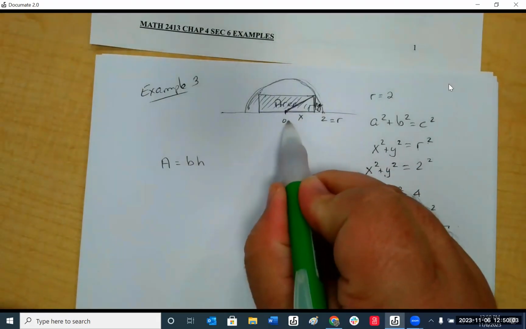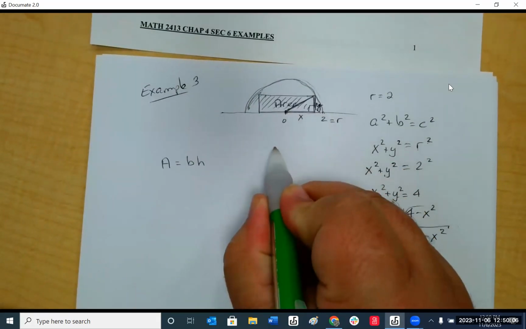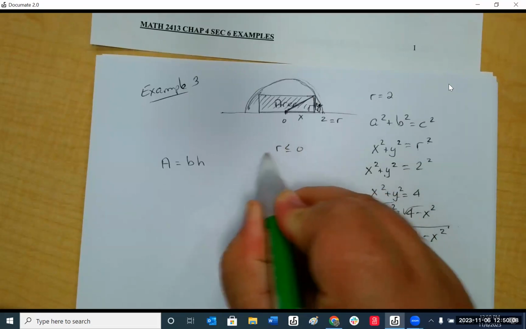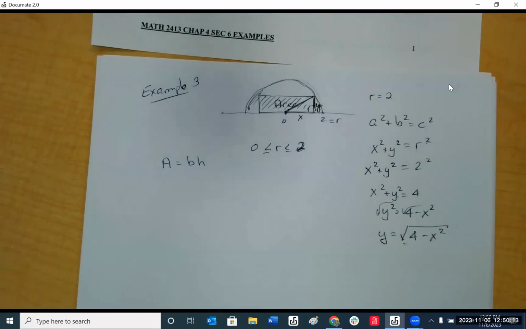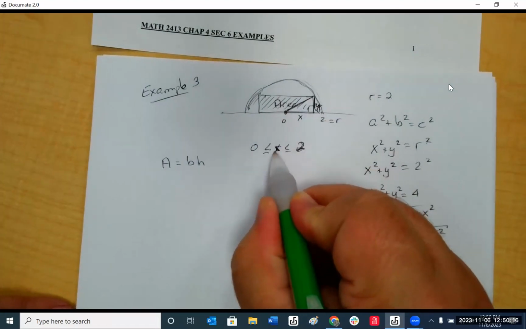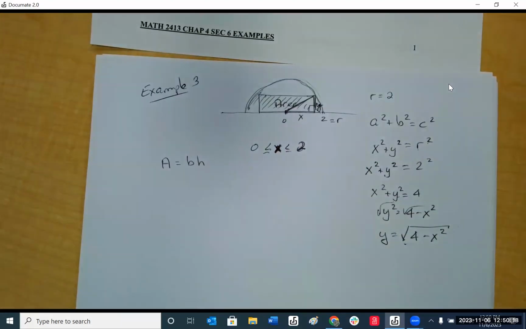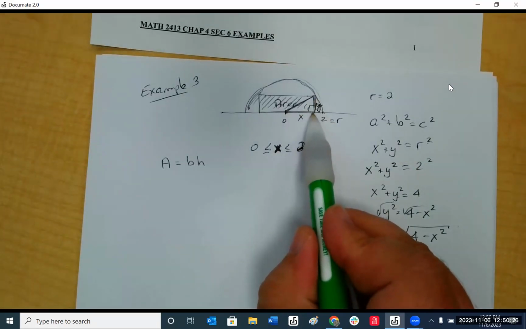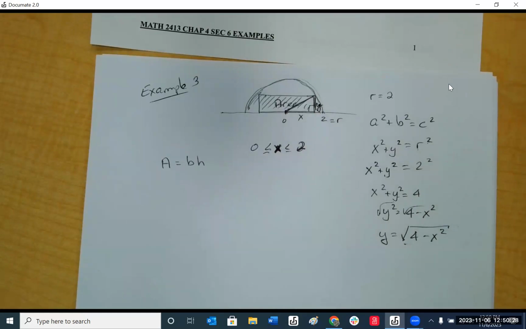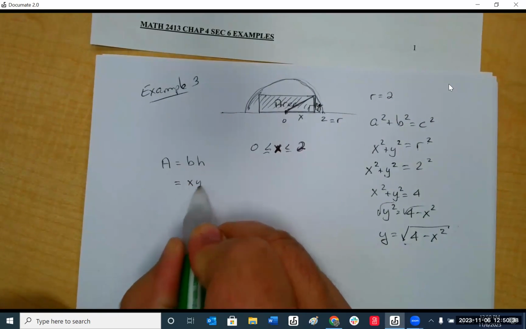I mean, we know the bound of the radius. The radius has to be between 0 and 2. Or the horizontal, x has to be between there and there, because that's as far as it can go. But it's not going to go that far, because it's going to stop way before that. So the base. So we have the x times y.